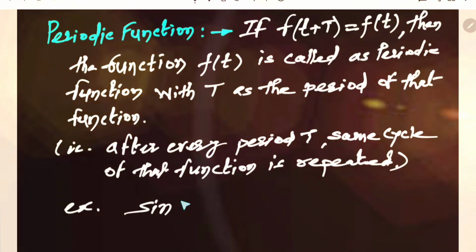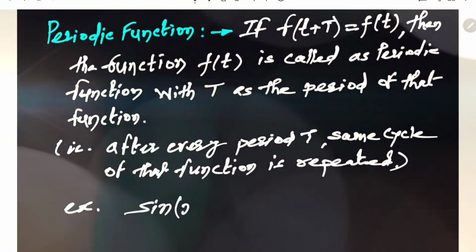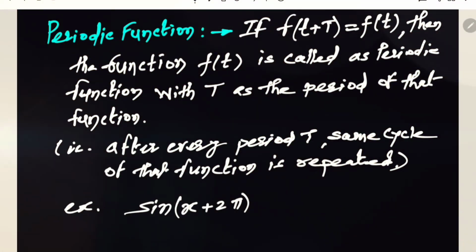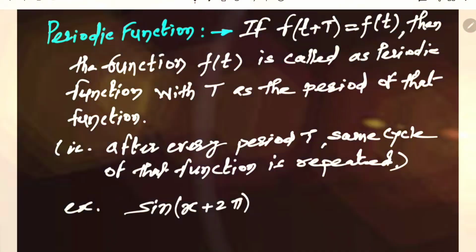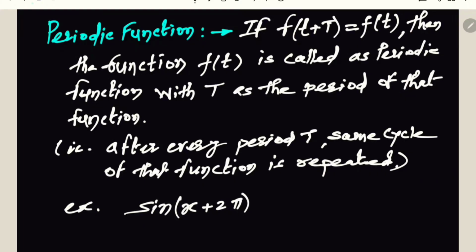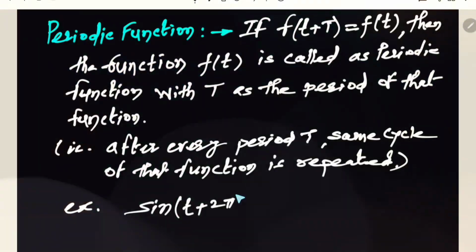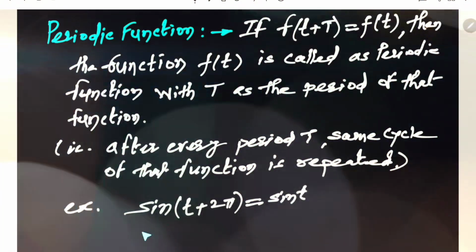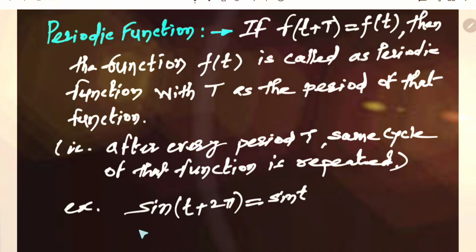The first one, sine function, sine of t plus 2 pi as sine t. Instead of x, I have taken t, or we can take any variable. Here I have taken t, sine of t plus 2 pi as sine t. Similarly, cos of t plus 2 pi is equal to cos t.